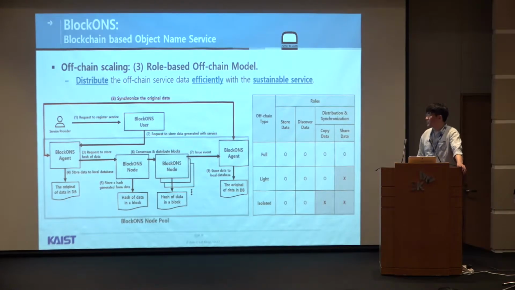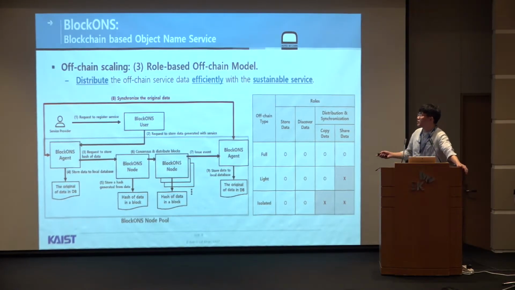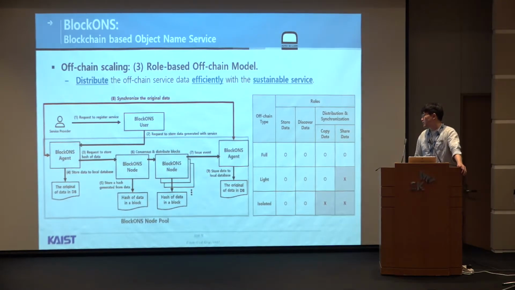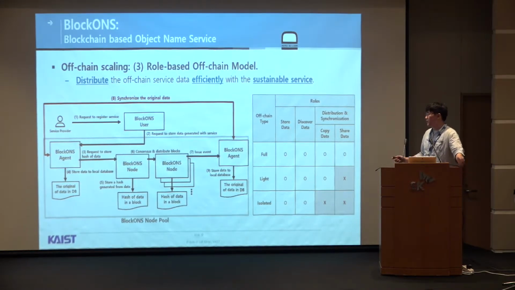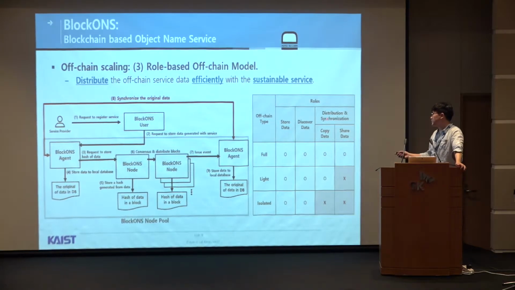And we also consider how to distribute the obtained service data efficiently with sustainable services. So we define three types of agent, off-chain node. The full node stores the data and provides the discovery data, and they also have distribution synchronization roles, the copy and share.